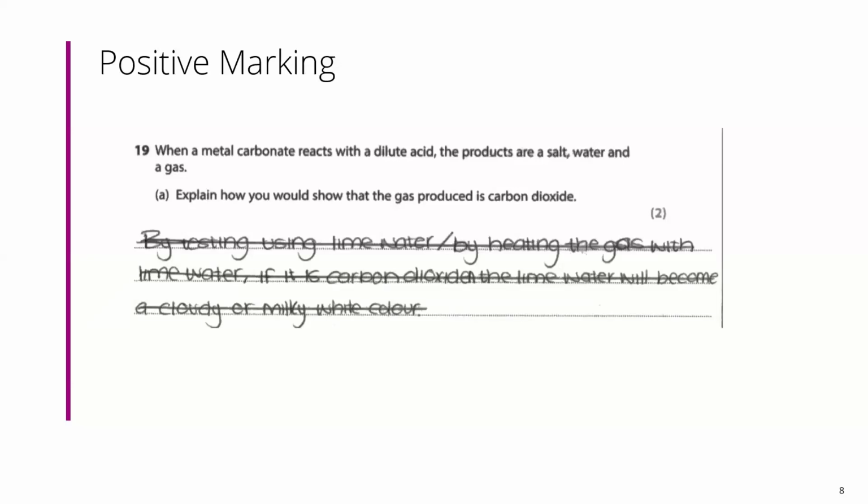In that case, we would still give the 2 marks, even though the student has crossed it out. If they haven't given an alternative response, we would give the mark anyway. If they cross it out and write something else, it's the something else they write, the follow-on work, that would be marked and get the marks.